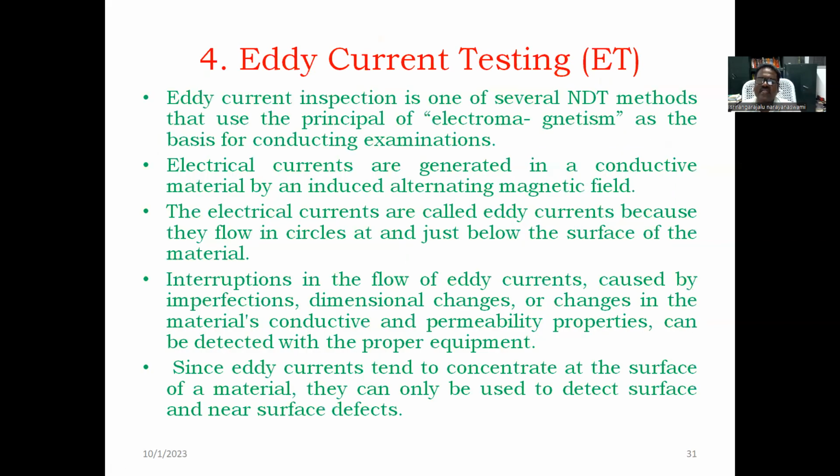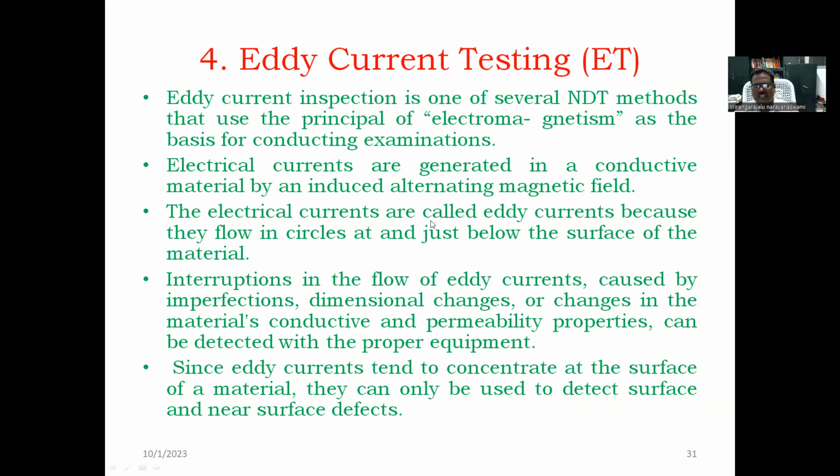Fourth one is eddy current testing. Eddy current inspection is one of several NDT methods that use the principle of electromagnetism as the basis of conducting examination. Electrical currents are generated in a conductive material by an induced alternating magnetic field.